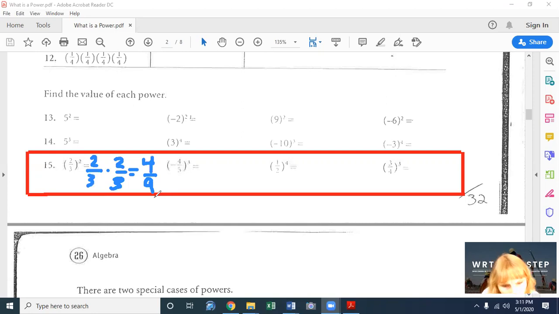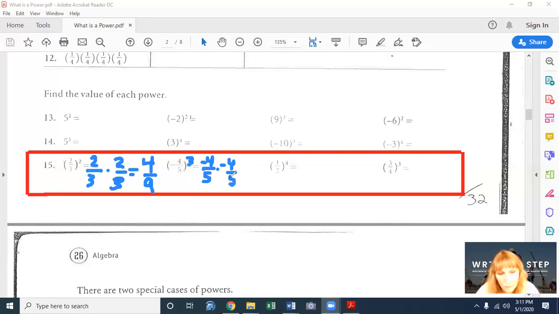Okay, negative 4/5 to the third power. So this is a little 3 right here. So negative 4/5 to the third power is negative 4/5 times negative 4/5 times negative 4/5. Now be careful because you have to use your rules for negatives.